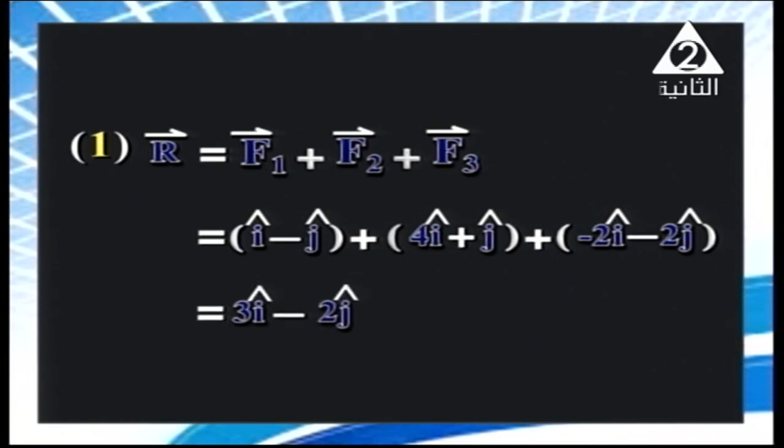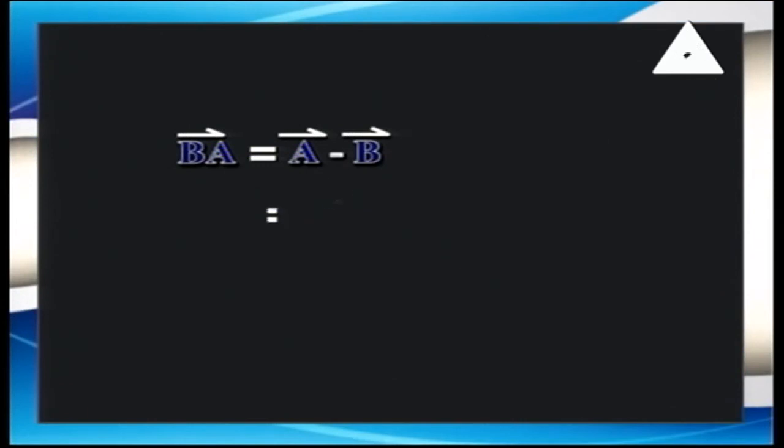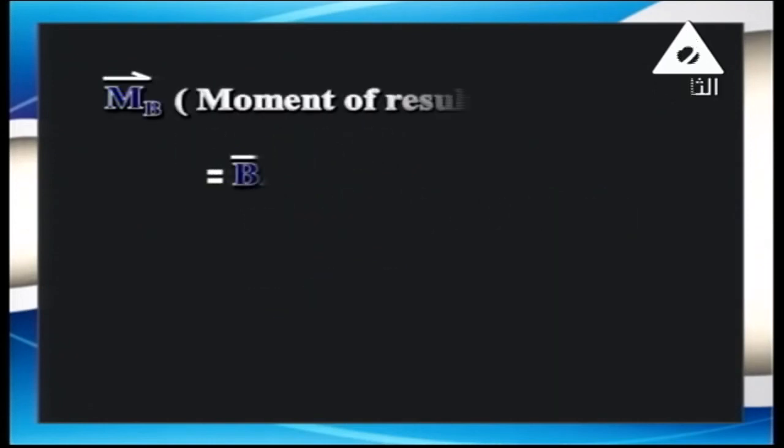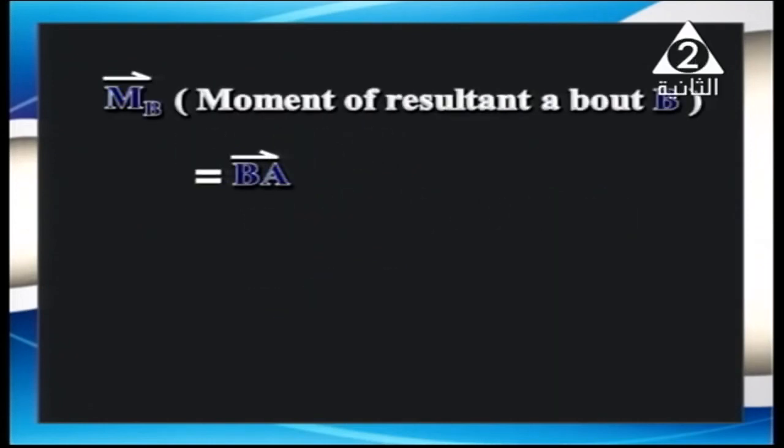Therefore, BA vector equals point A minus point B, negative 4I plus J minus negative I plus 2J, equals negative 3I minus J. Therefore, the moment about B equals the moment of the resultant about B, equal to BA vector cross R vector.